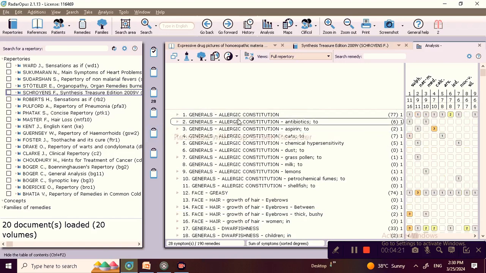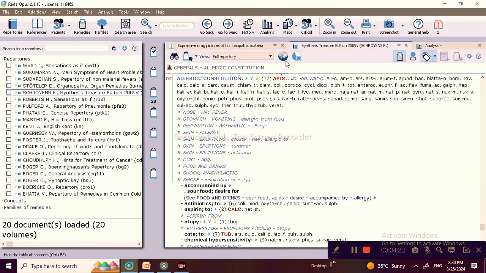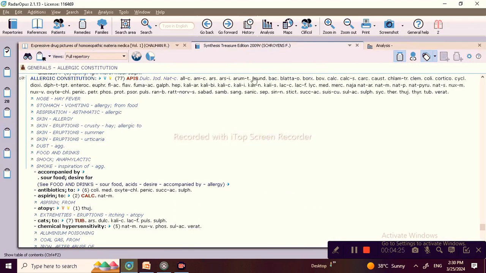If you open general allergic constitution in your repertory, you will come across about 77 remedies listed in front of the rubric allergic constitution in the general section of synthesis repertory.